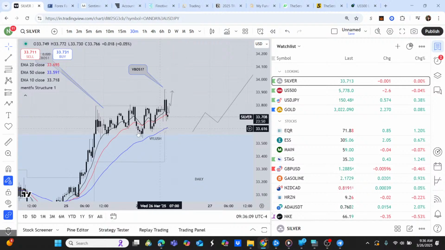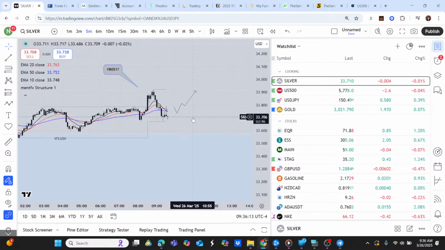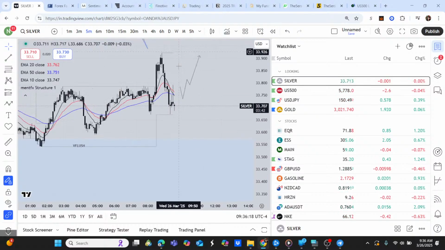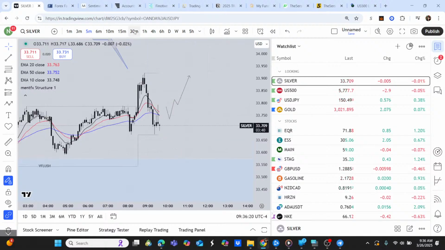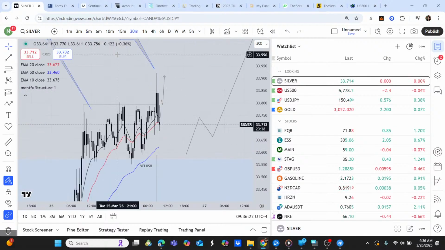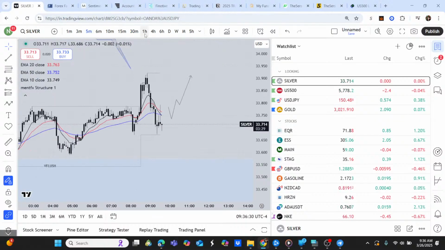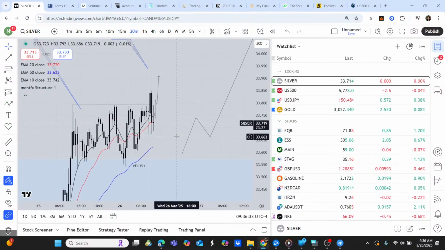I do not like this area right here. Yeah, it looks wonky in this area, especially how it's closing. It can still end up looking clean later on, but right now it's not looking clean. Moving under.